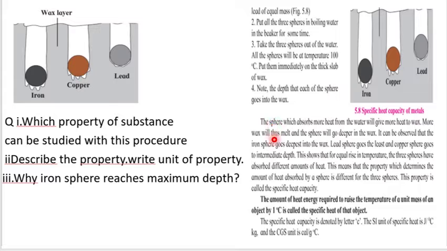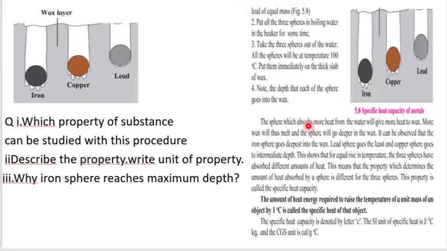What happened? Here we can observe that the iron sphere goes deepest in the wax. The lead sphere goes least and the copper sphere goes to the intermediate depth. What happened here?